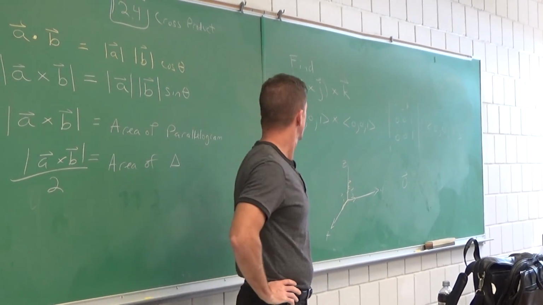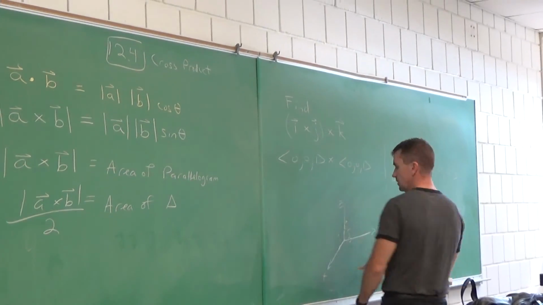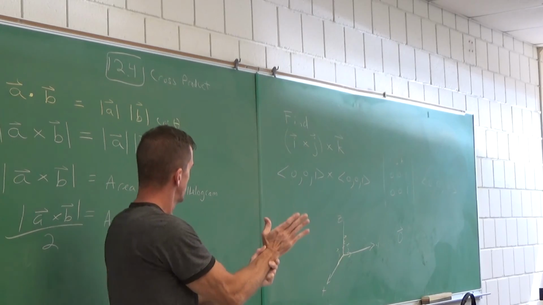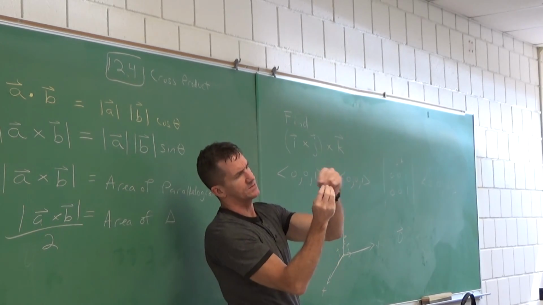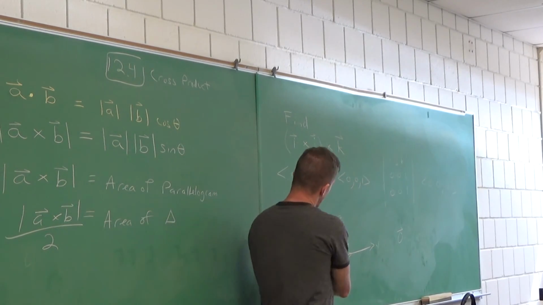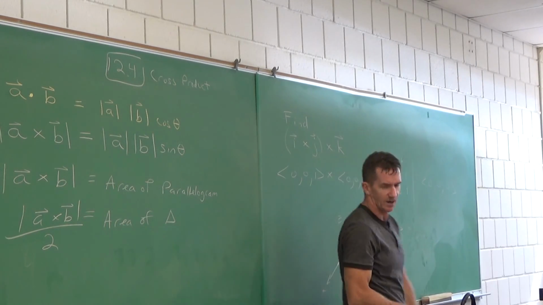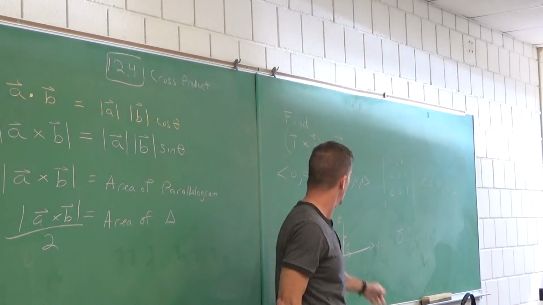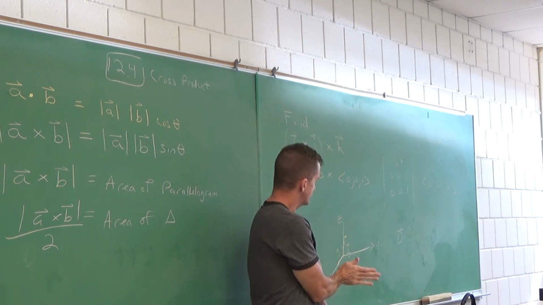Let's do it. So what I'm going to do with this is I cross J. We did I cross J. You got to use your right hand. It's the right-hand rule. Get the tips of your fingers on vector I. There's vector I. And I need you to curl towards vector J. So it'd be like this. Watch me do this.